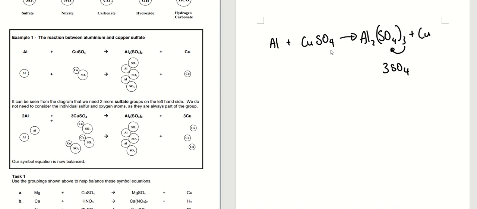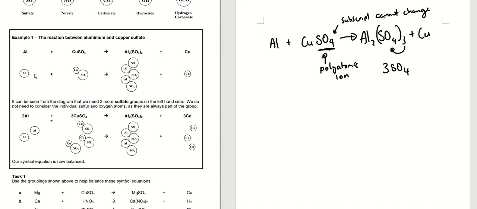When you balance chemical equations and you're dealing with what we call a polyatomic ion, this subscript cannot change. Subscript cannot change. You can rearrange the equation around and balance it, but you can't change this number there.